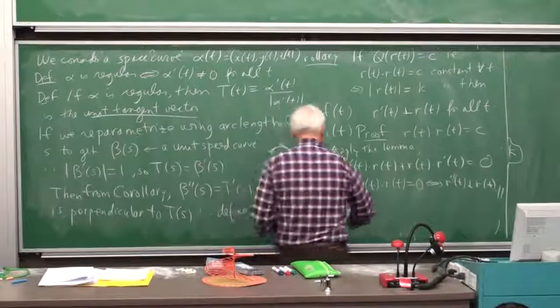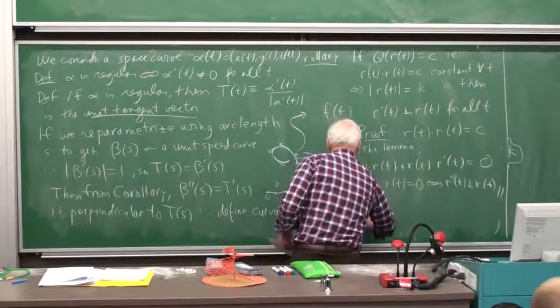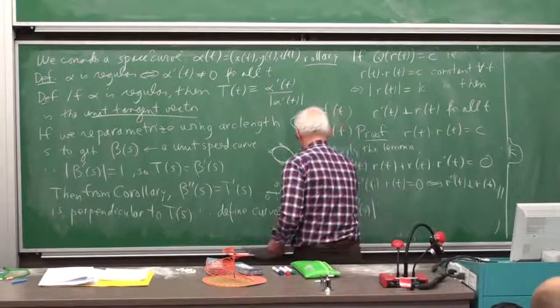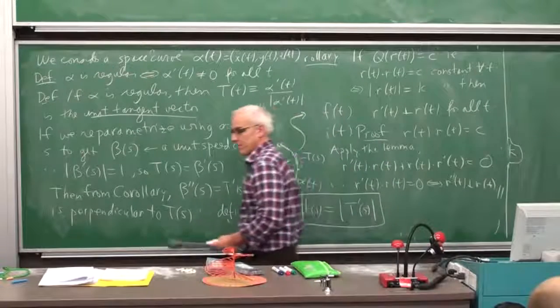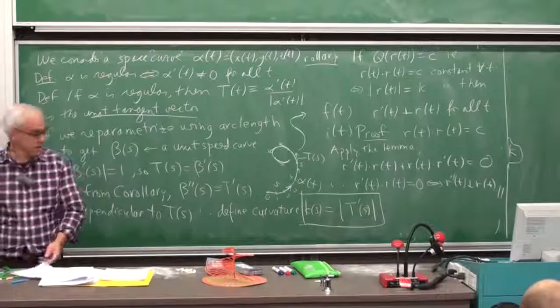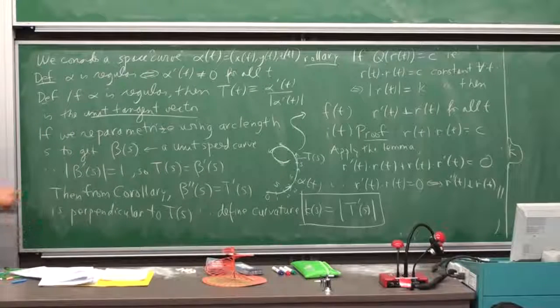So K of S is the length of T prime of S. So in the case of a circle of radius A, that was 1 over A. That was really the curvature.